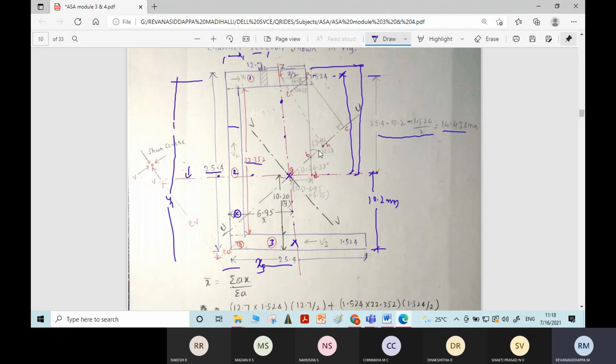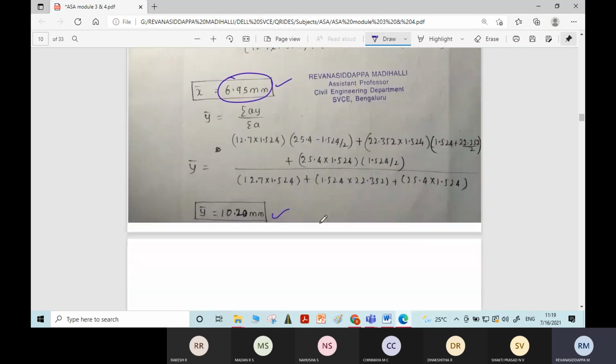The theta is here, and theta is equal to 26.58 degrees. Whatever theta we have found is the angle of the u-axis with respect to the original x-axis, and you need to mention it in the figure by writing axes u and v. That inclination you need to mention as 26.58 degrees.